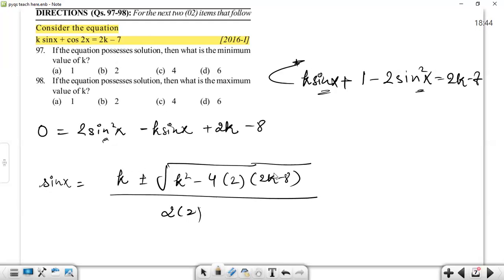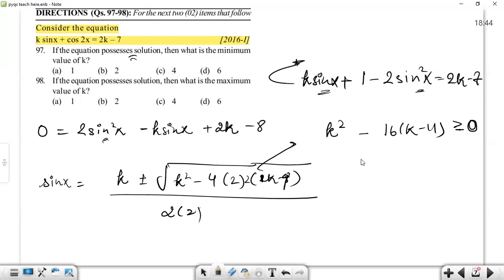Before that, let's solve this further. b square minus 4ac, let's take 2 common, it will become k minus 4, so 4 times 4 is 16 into k minus 4. If this equation has a solution, then this must be greater than or equal to 0.